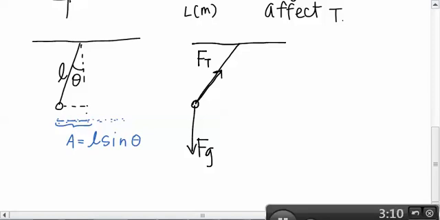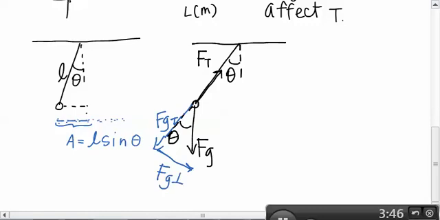Now this gravitational force right here, if you want to think about it in terms of this angle theta there, okay, then wouldn't this right here also be theta? Okay, so could we separate this gravitational force into a component that is opposing the tension, and a gravitational force that is perpendicular to the radius or to the length of the string?